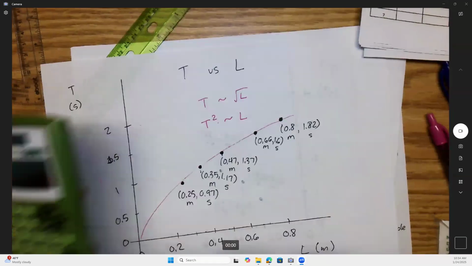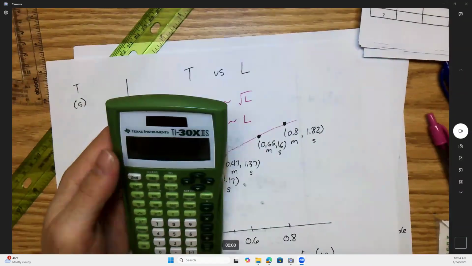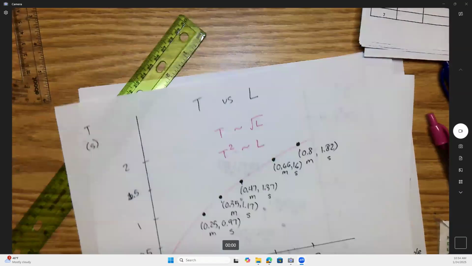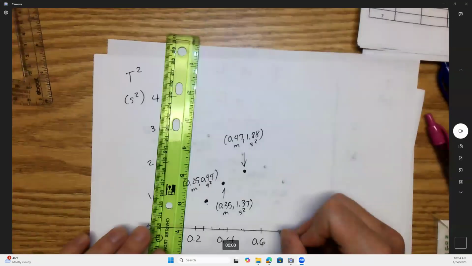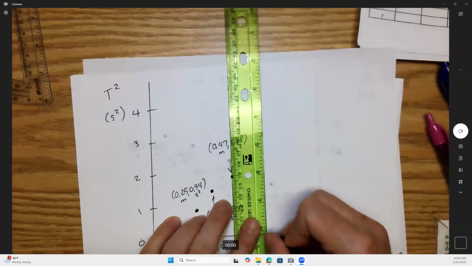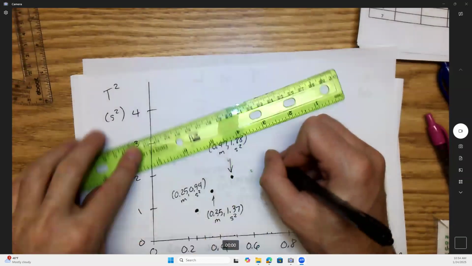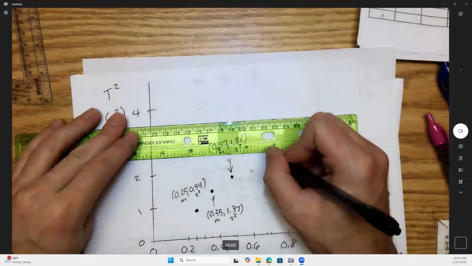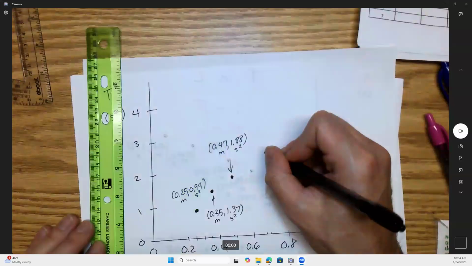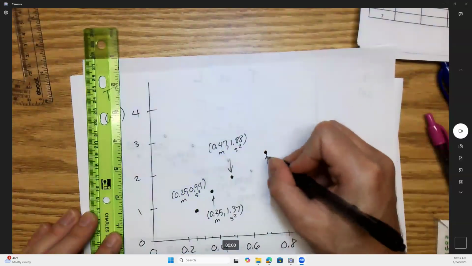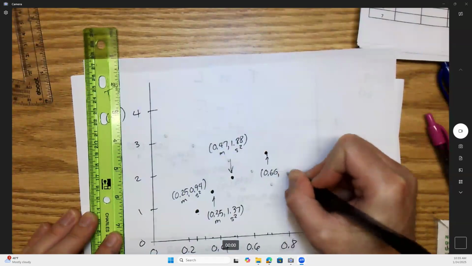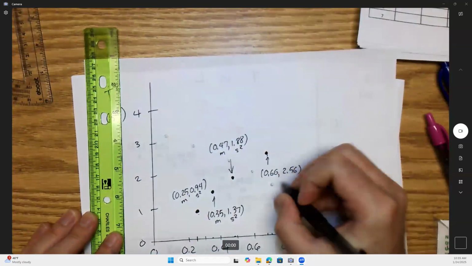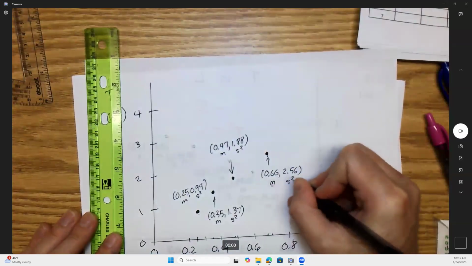We got 1.6 seconds. Square that. It's 2.56. So 0.66, 2.56. There's 2.5. Probably right about there. Meters, square seconds. Okay.